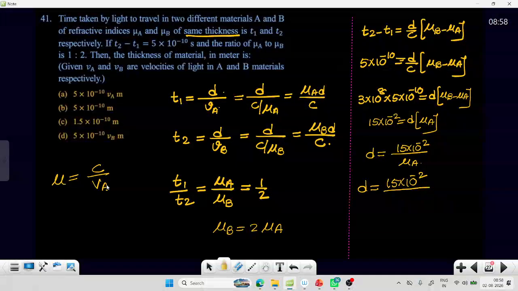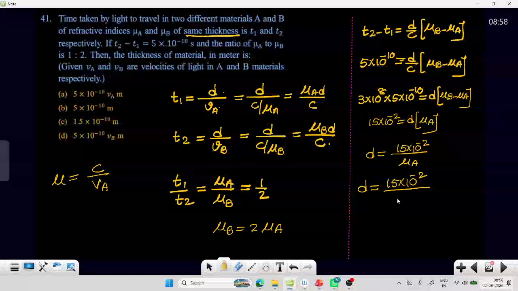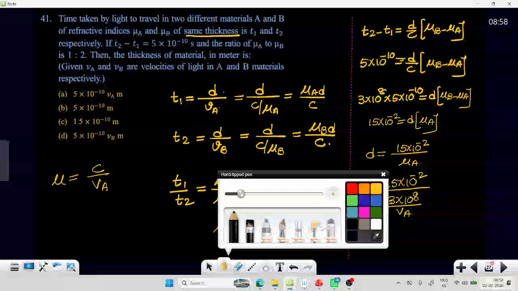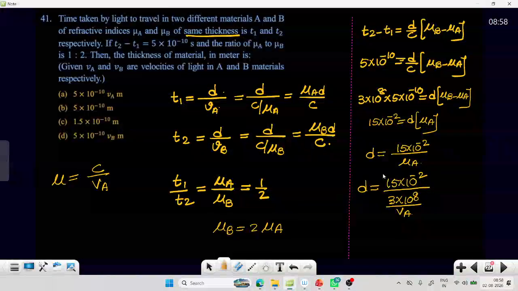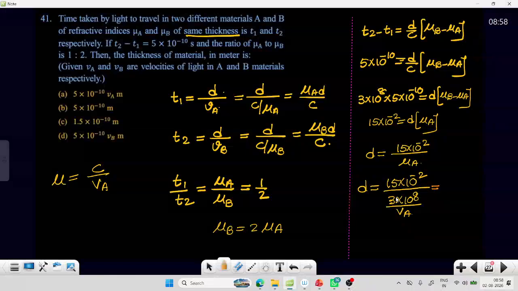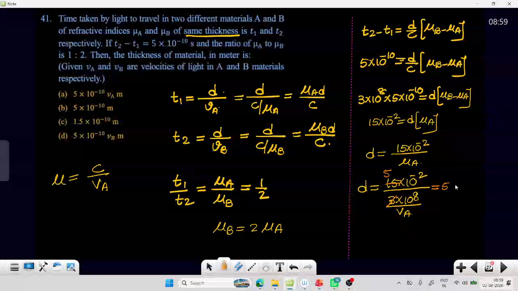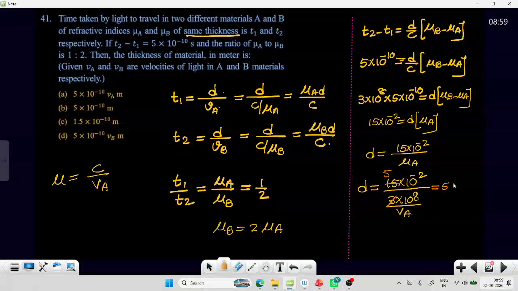Yes, sir. So that means mu A is equal to C, C value 3 into 10 power 8 by VA. So look at it now here. So this is 3 and 5. So 5 into 10 power minus 10 into VA.